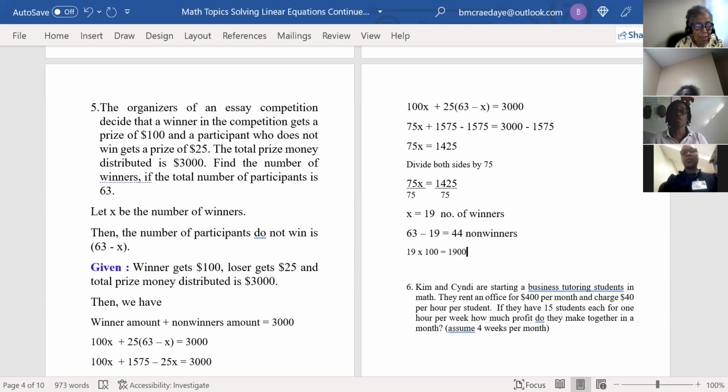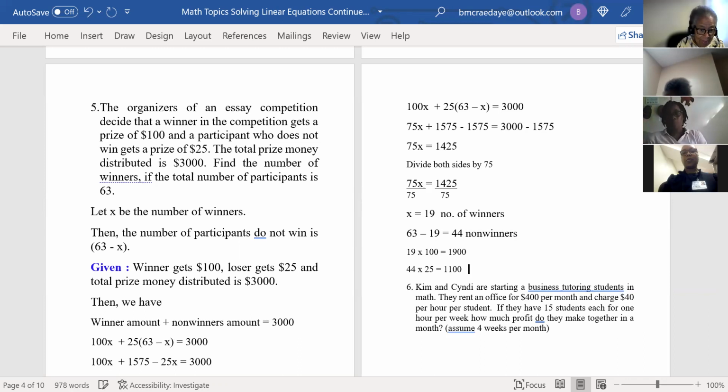Okay. And now, what would you do with the 44? The 44 with the 25. That's right. You get the amount, and then you add the two amounts, and you get 3,000. So you get 44 times 25, and that gives you 1,100.